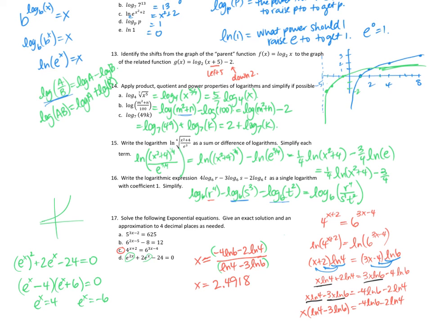So this one I can throw out, because there's no x value that will give me e to the x equals negative 6. But I could get e to the x equals 4. So to solve for x there, I'm just going to take the natural log of both sides. And I get that x is equal to the natural log of 4, which I could give a decimal approximation, but I think that's close enough. So we'll say x is equal to the natural log of 4.